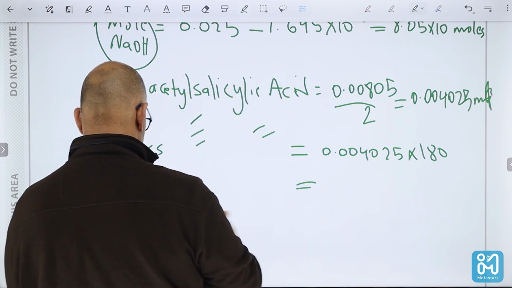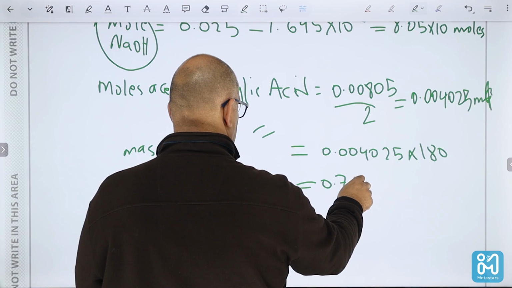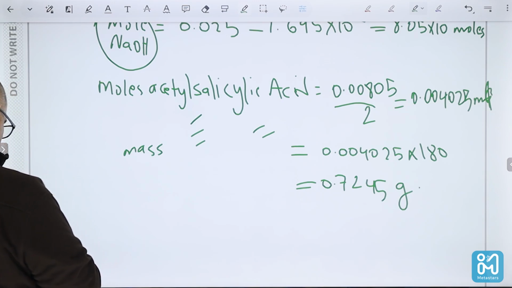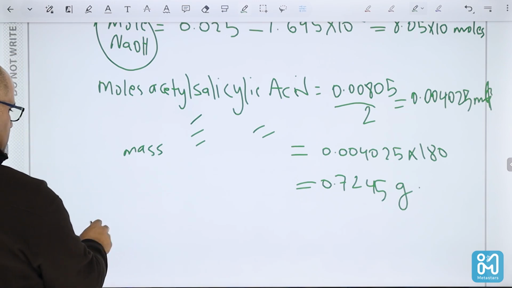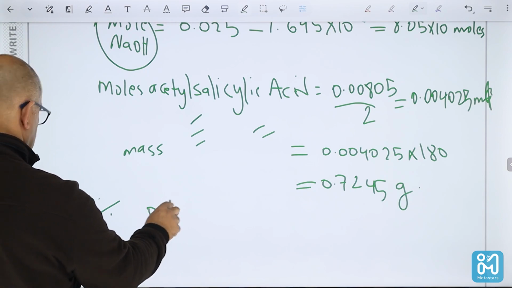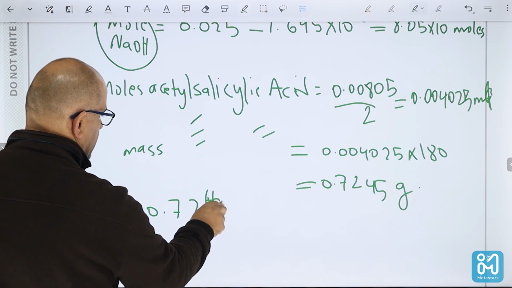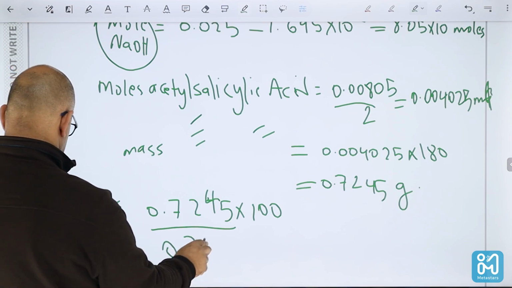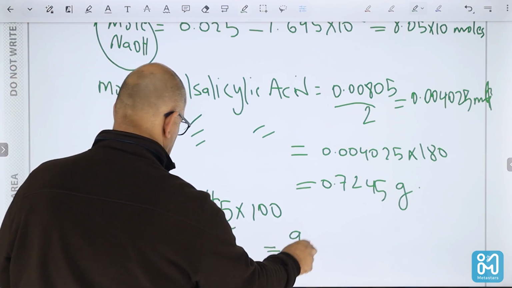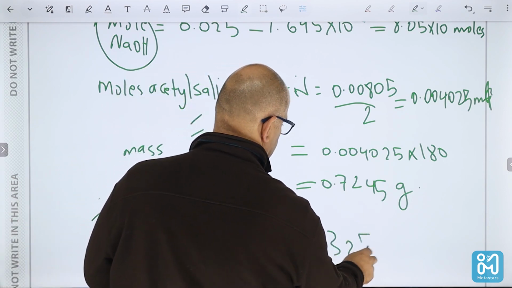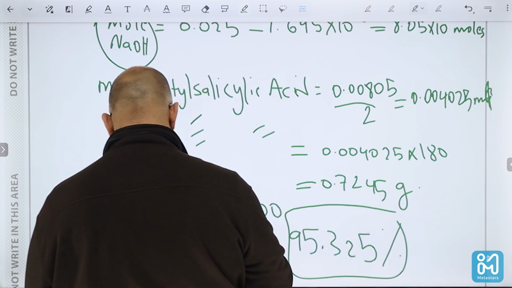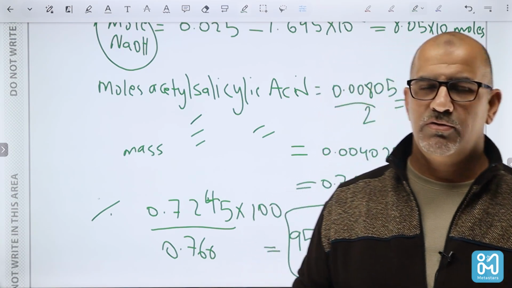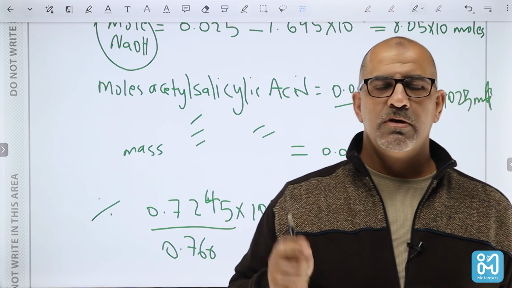This will give us a mass of 0.7245 grams, and the percentage equals 0.7245 times 100 over the actual mass, which is 0.76. That equals 95.325%.